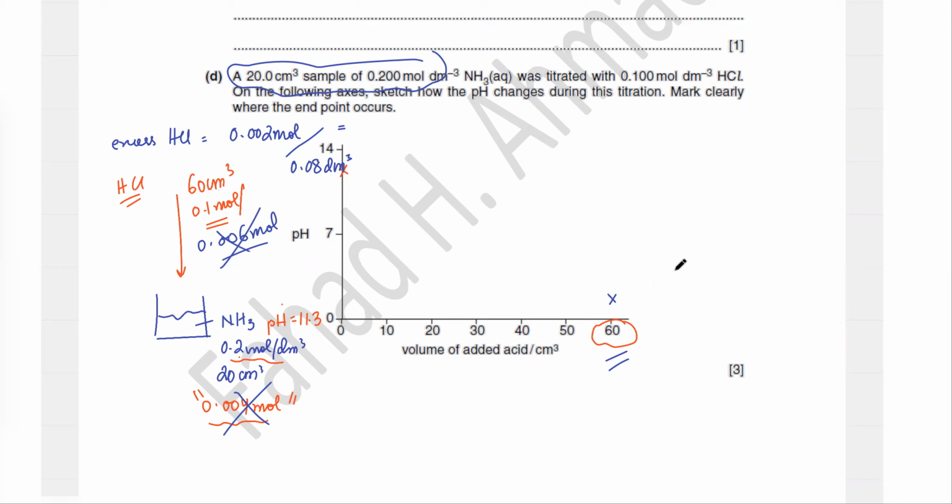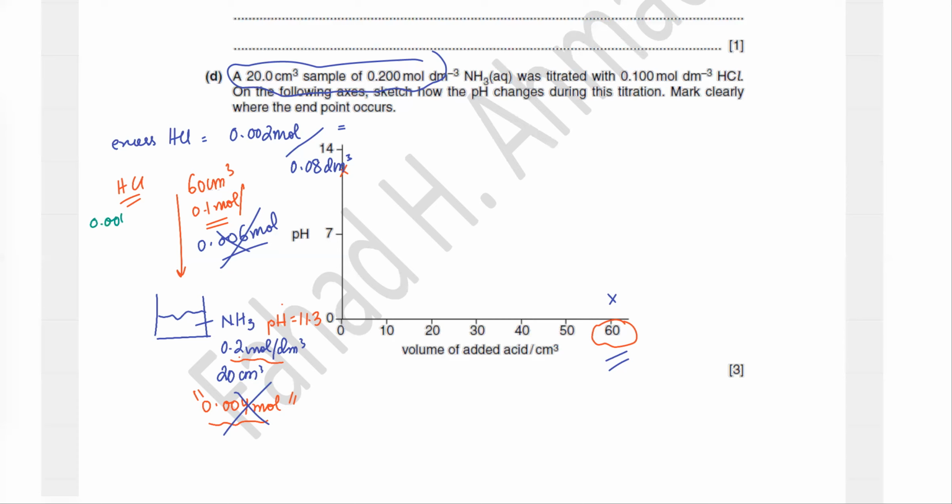So you have your starting pH, you have your final pH, and what is the point in the middle where neutralization would have happened? What is the right volume that should have been added for complete neutralization? You've got 0.004 moles. So from the top, you should not have added 0.006 moles.